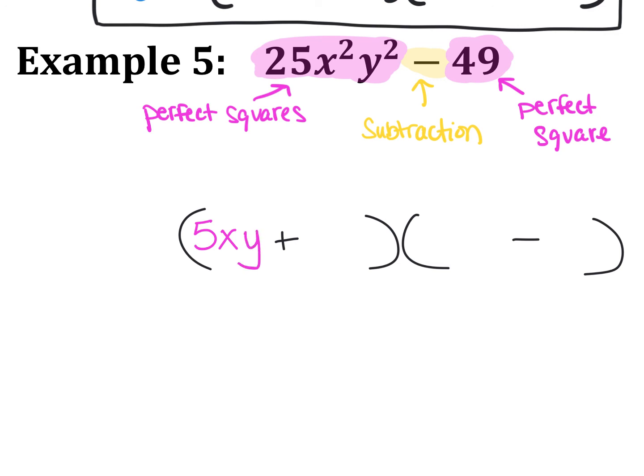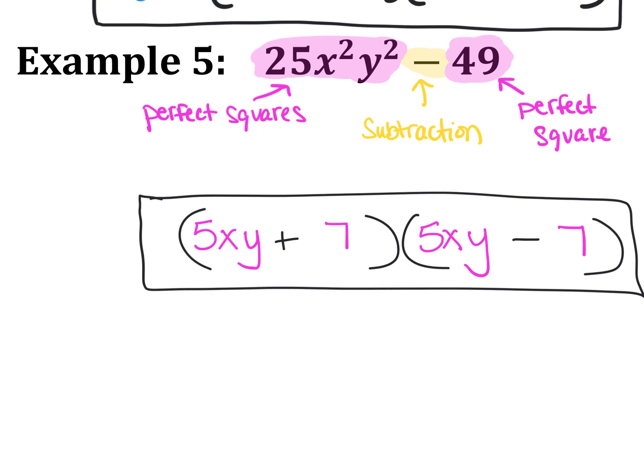So you are going to have a 5xy in the beginning part of each binomial. And then if we hop to that 49, the square root of 49 is 7, so I'm going to finish up each binomial with a 7. So you have 5xy plus 7, and you have 5xy minus 7. Voila, there is your difference of squares.